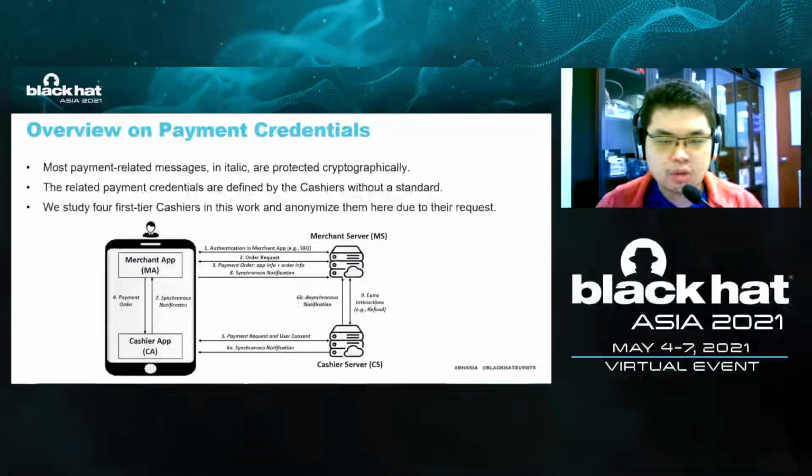In this work, we studied the credential leak issue for four first-tier third-party cashiers. These cashiers serve over 1 billion end users globally. However, according to the requests from these cashiers after our responsible disclosure, we will not release their names and just use cashier 1 to cashier 4 to denote them in the following slides.